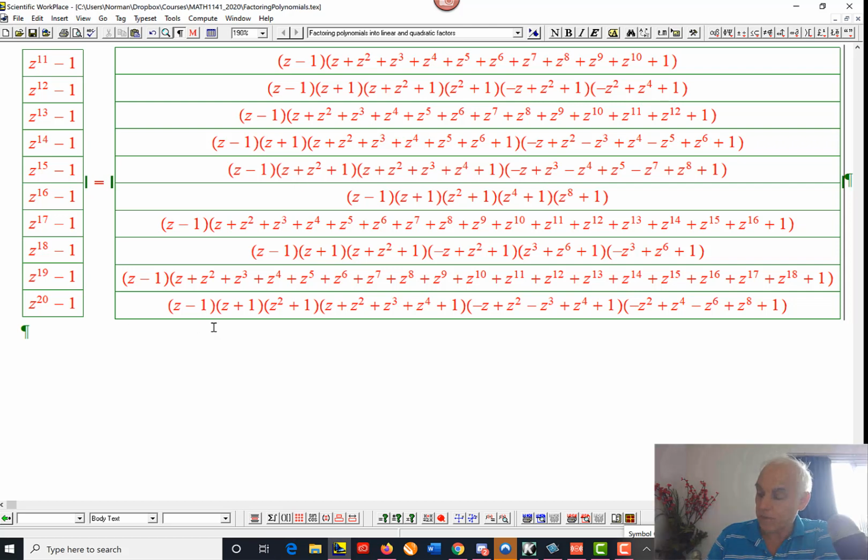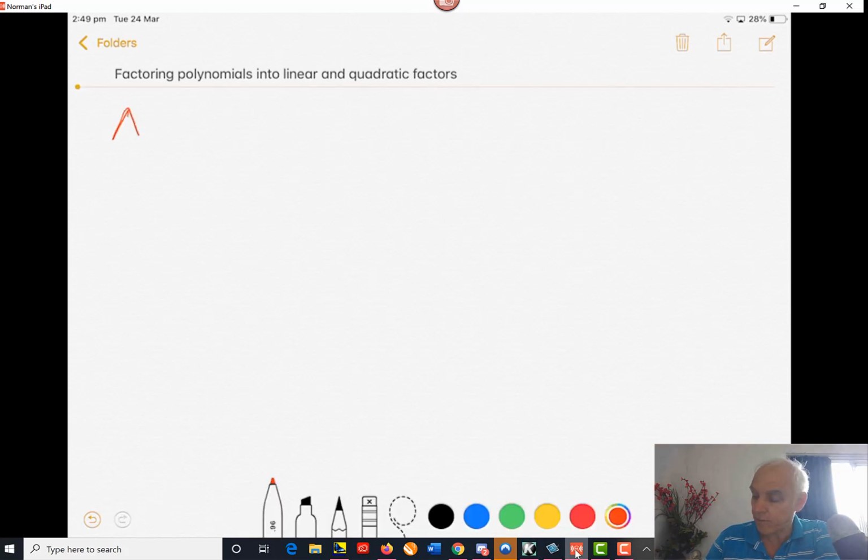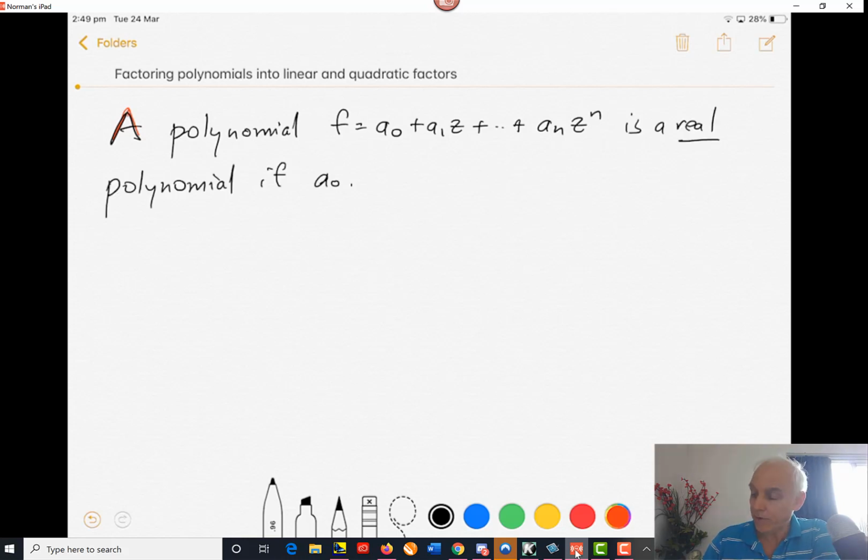Okay, so let's go to our screen here and start with the black pen. A polynomial f, which is a0 plus a1 z, all the way up to an z to the n, is a real polynomial if all of these coefficients, a0, a1, up to an, are real numbers.